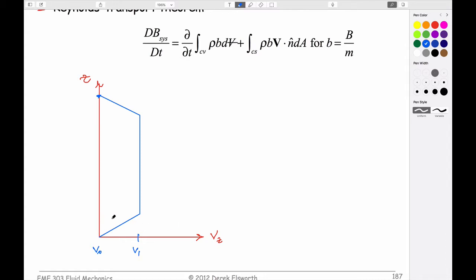Then we're talking really about accelerations. So this is z0 and this is z1.